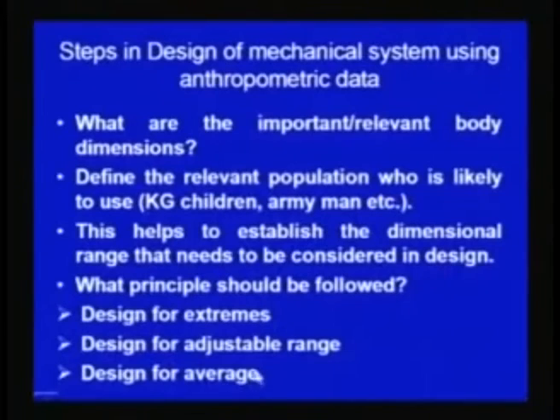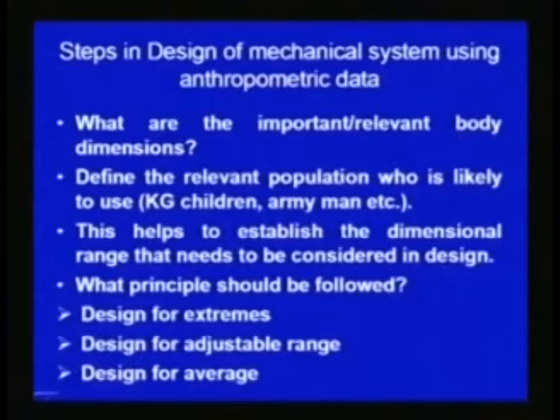The design for average is used, which indicates that this design will not be optimum for anybody, but it will cause the least inconvenience to all those who will be using the given mechanical system. So, in designing of mechanical systems, three principles are basically used.